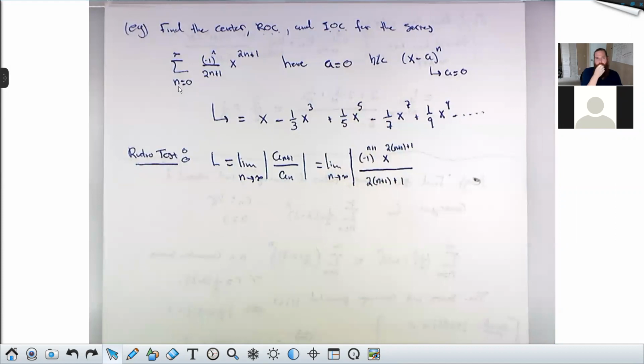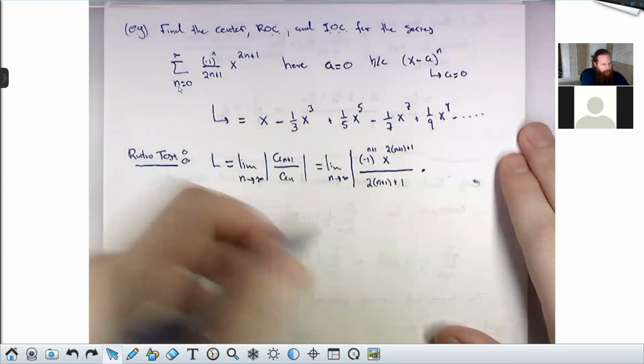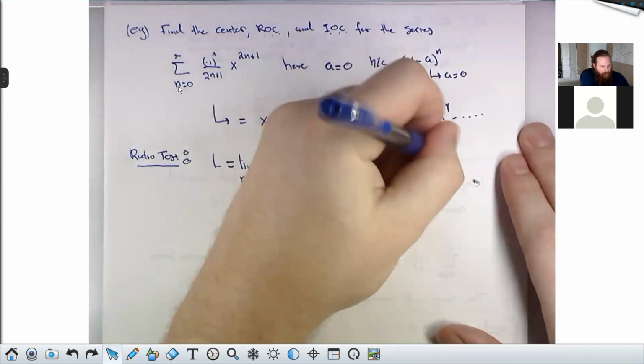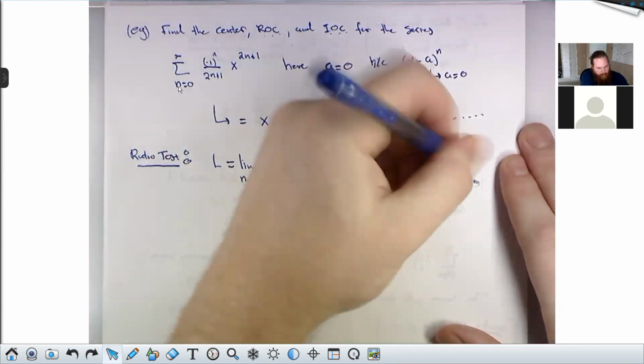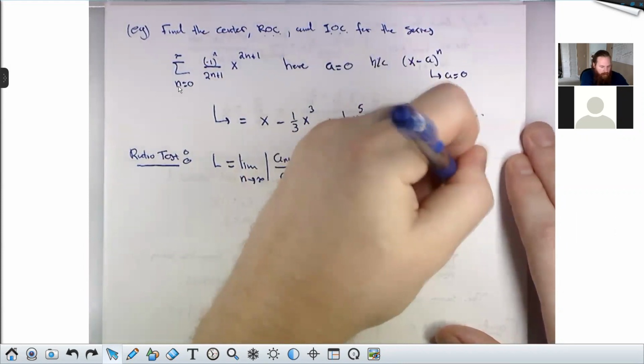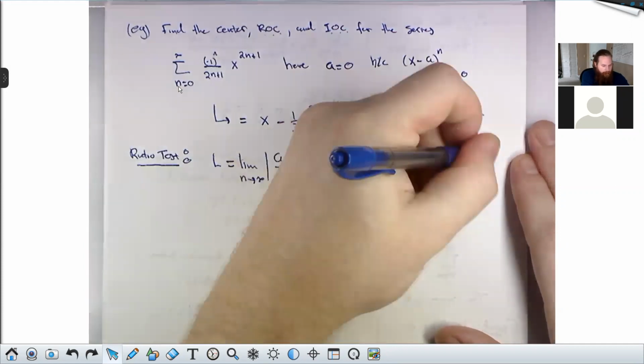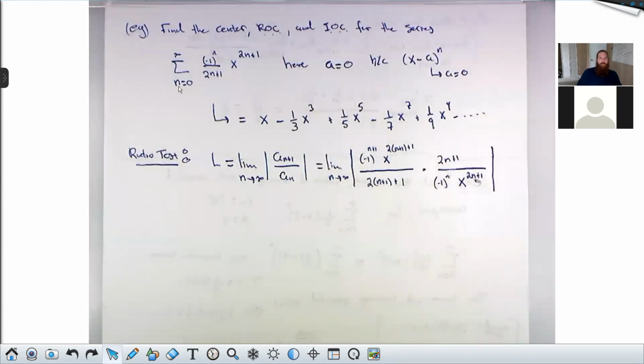That's a_(n+1). And now I'll multiply by the reciprocal of a_n to divide by a_n. That's 2n plus 1 over (-1)^n x to the 2n plus 1. So this is my ratio test limit.